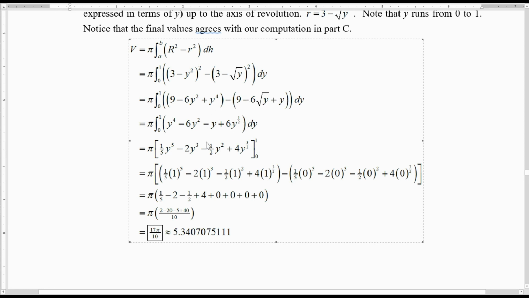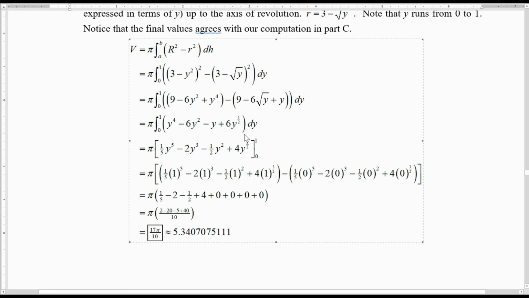So once again, we got a sum of power functions, so we just use the power rule to find an antiderivative. Add 1 to the power and divide by the new power. That's 1/5 y to the fifth. Again, do the same rule here. Adding 1 to the power gives us 3. Dividing negative 6 by 3 gives negative 2. Power goes up 1 here to 2, divided by the new power gives us negative 1/2 for our coefficient.